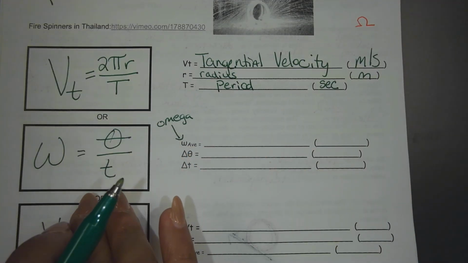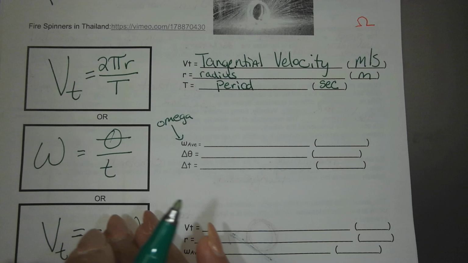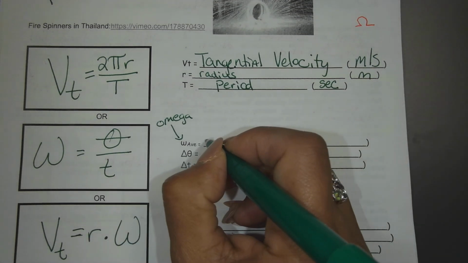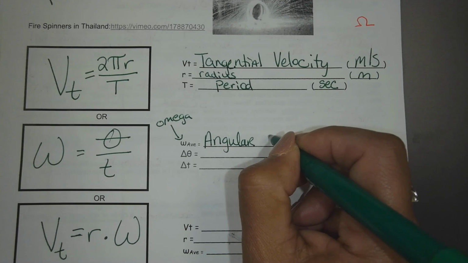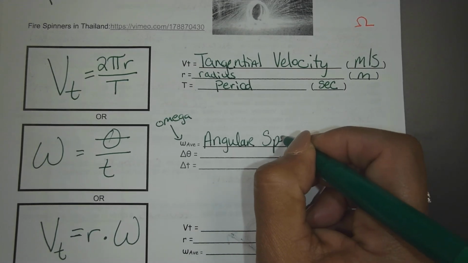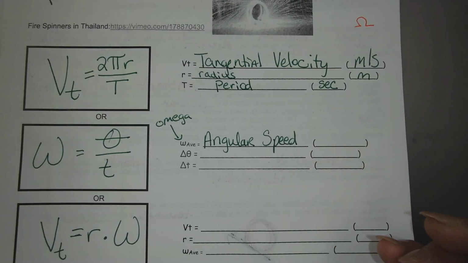Or you can use the omega equation, which stands for angular speed. Remember at the beginning of school, we started off with speed and velocity. Speed is d over t. Velocity is d over t. They were both used interchangeably.